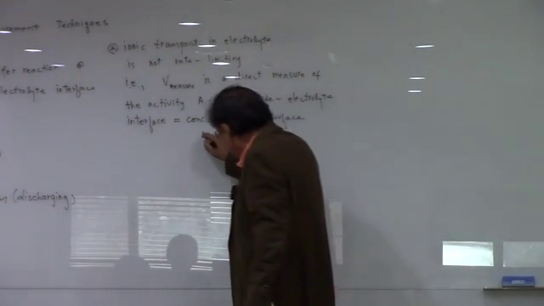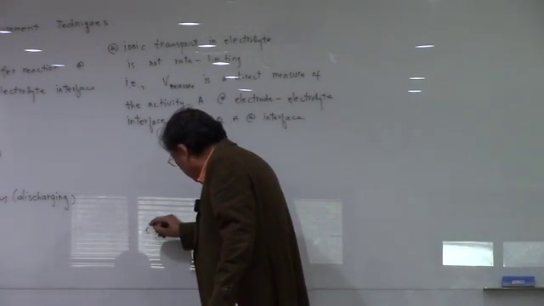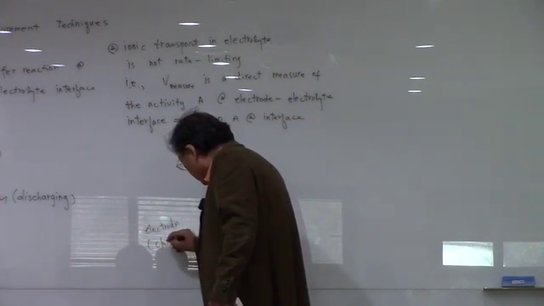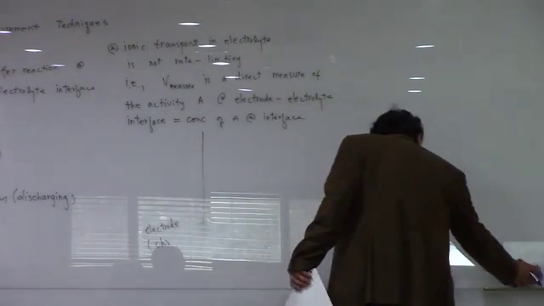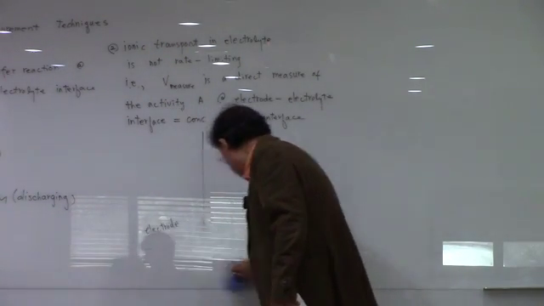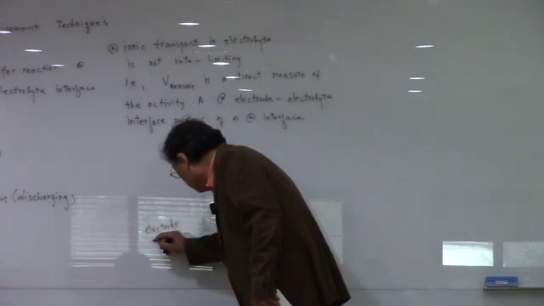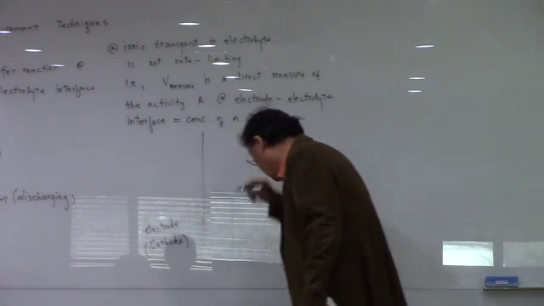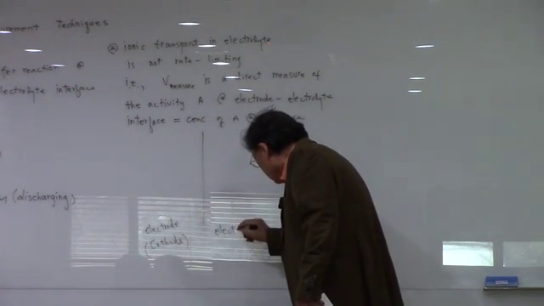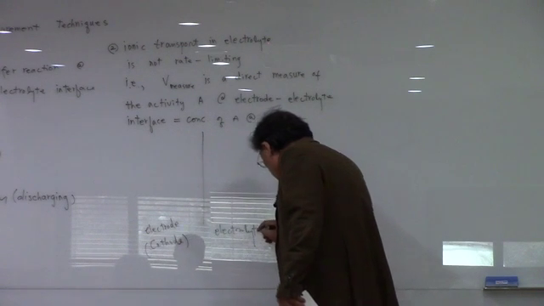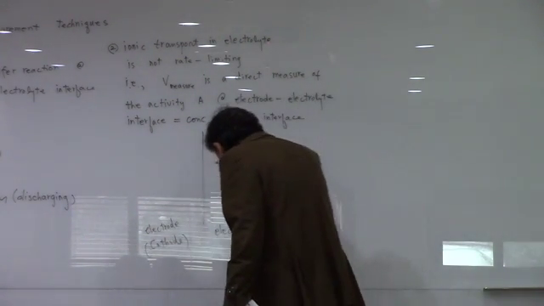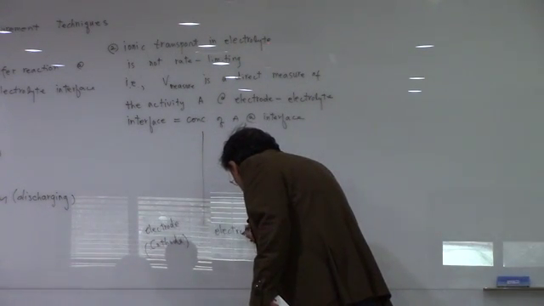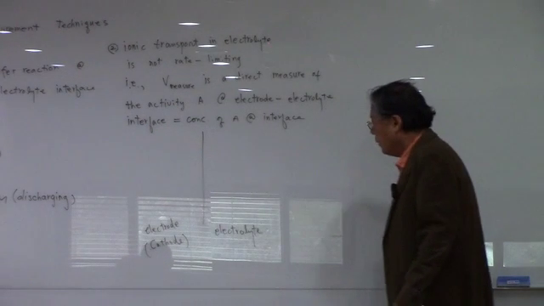So let's say we have a cathode and an electrolyte. Okay.